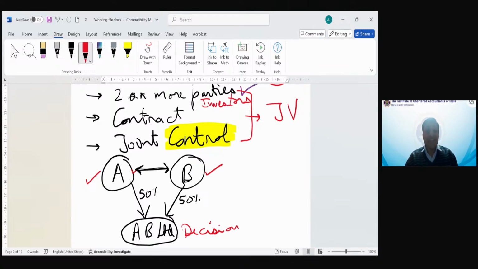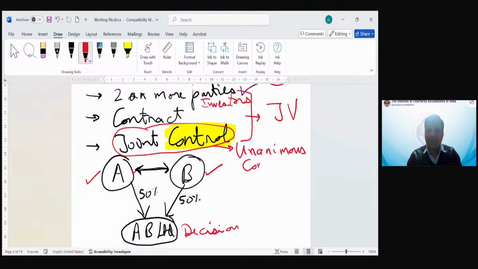Yes. Which means till the time both A and B do not have unanimous consent, unanimous consent means consent of each party, the matter will not move forward.